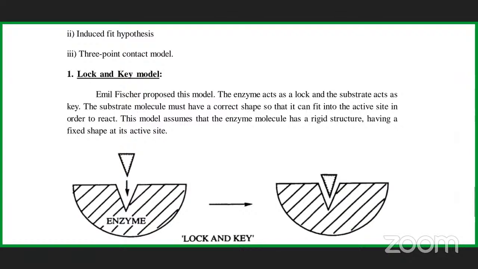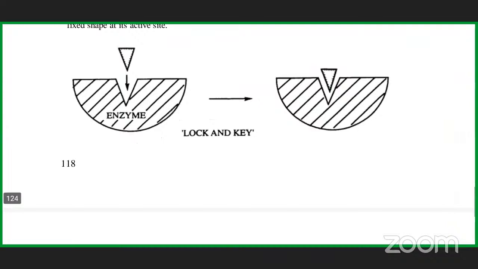That's why they proposed that the substrate molecule must have the exact or correct shape or geometry to fit into your enzyme active site. That is your lock and key model.